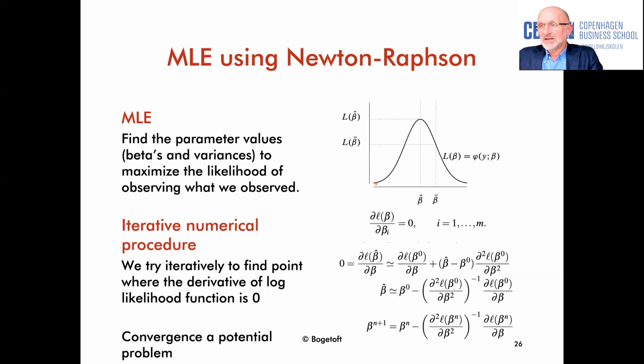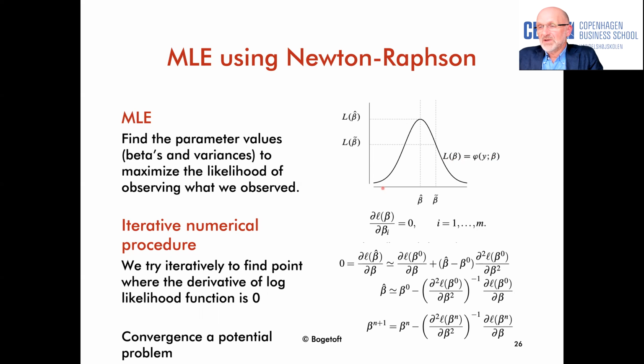You have observed y. It's actually the x's and the y's, but let's just call it y as a common expression here. So you have your data. What is the probability of getting that data given that the parameters are beta? Then the likelihood is to look at this probability as a function of the beta.